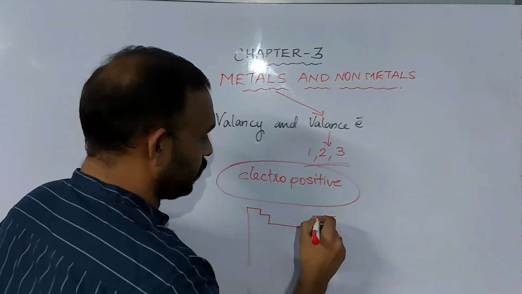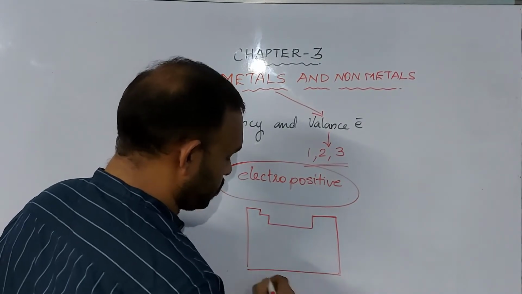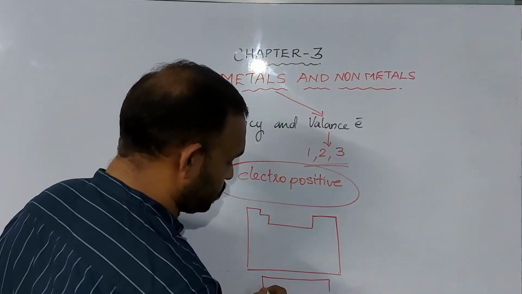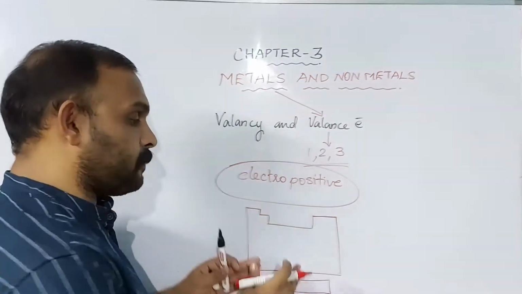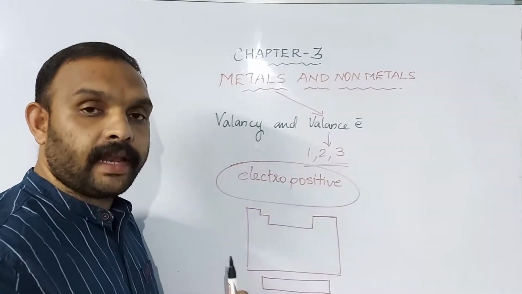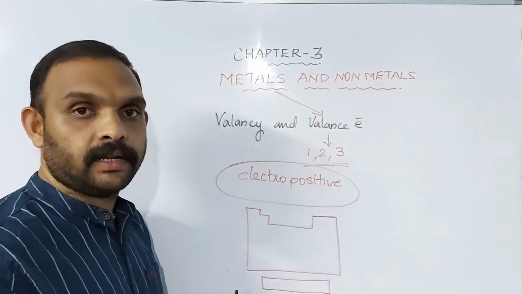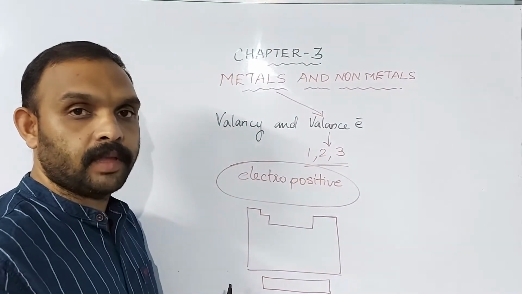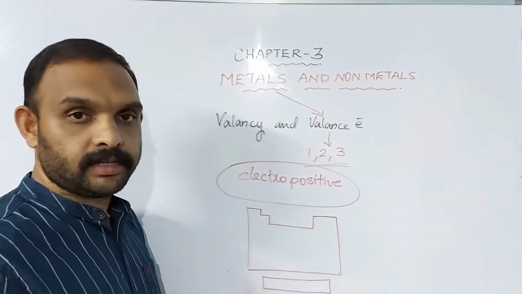I am drawing here a miniature form of a periodic table. In this periodic table, the elements present are divided into 3 colors mainly. They are metals, non-metals and metalloids.